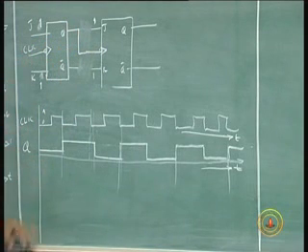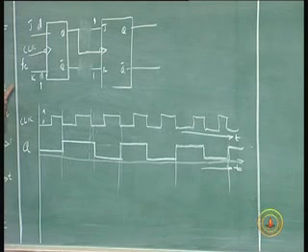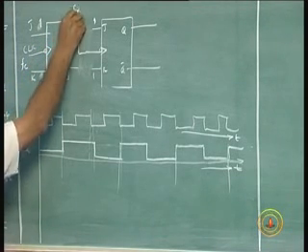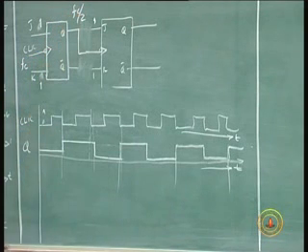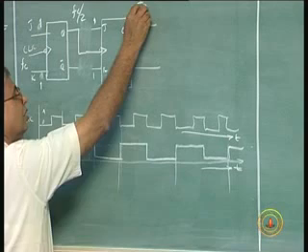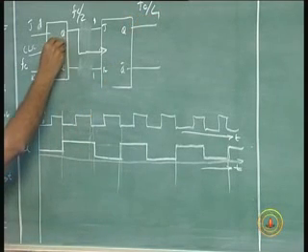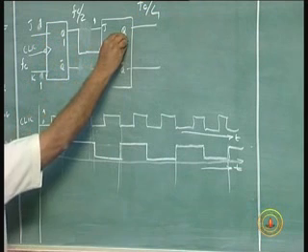If this clock is F sub C, this should be FC divided by 2. Is that right? The FC by 2 would be fed as the clock to the second flip-flop. So the output would be FC by what? 4. So we'll call this Q1, call this Q2.